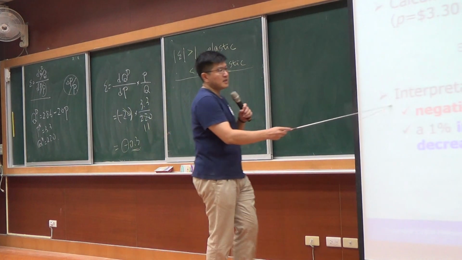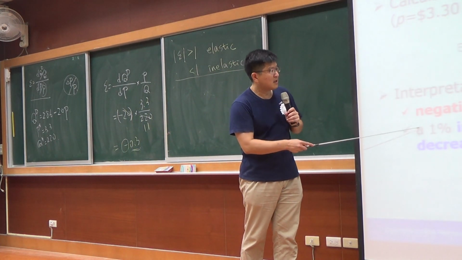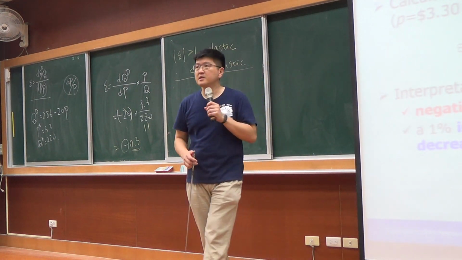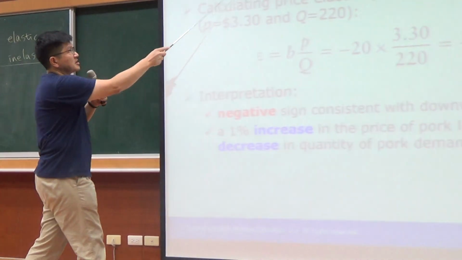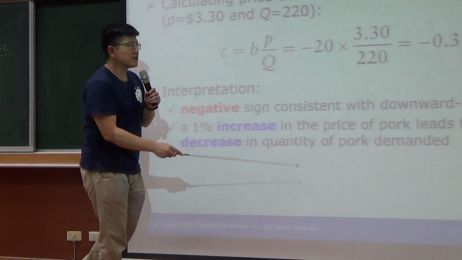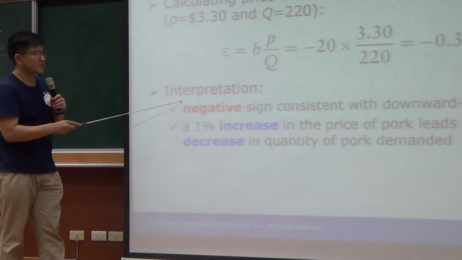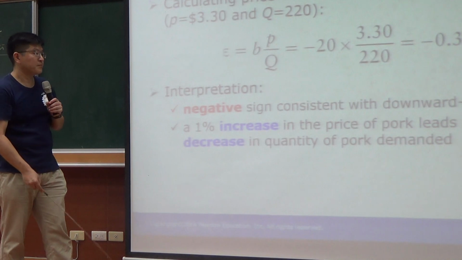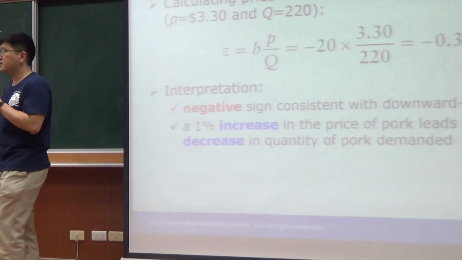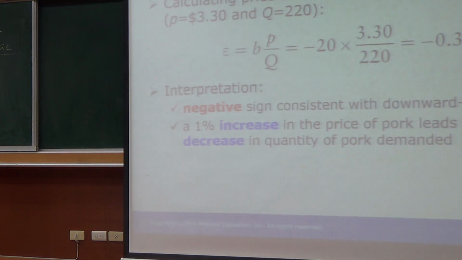So the negative sign is consistent with downward sloping demand, and a 1% increase in the price of pork leads to a 0.3% decrease in the quantity of pork demanded. So this is a numerical example of how to compute the elasticity.